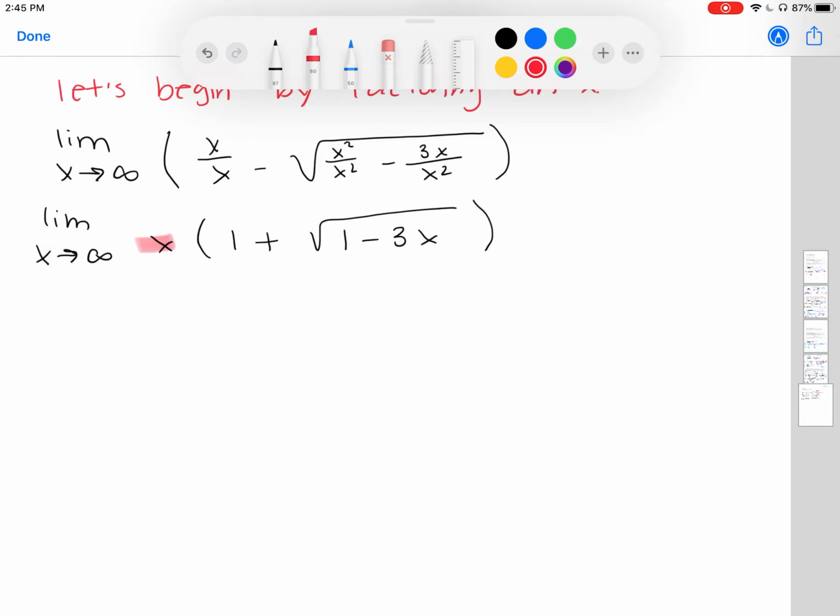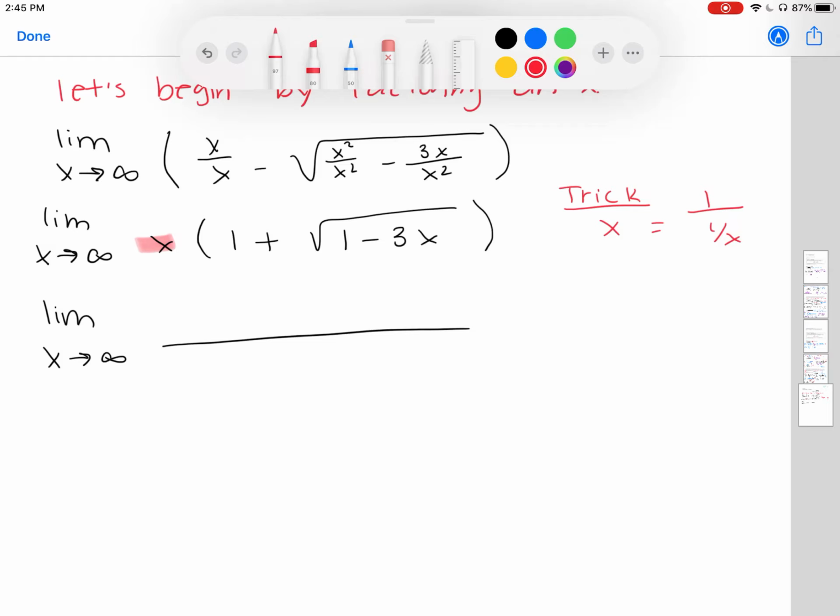Okay, we now have a product. We now have something we're multiplying it by. So let's go ahead and use that trick again. Let's take x and rewrite it as 1 divided by 1 over x to create and force a fraction. So we now have the limit as x approaches infinity of, for x, I'm going to write 1 over x in my denominator.